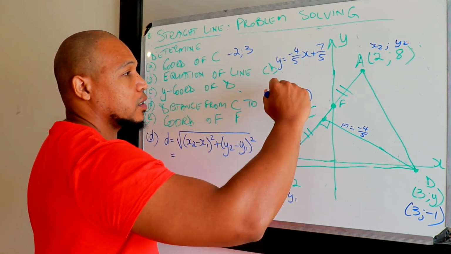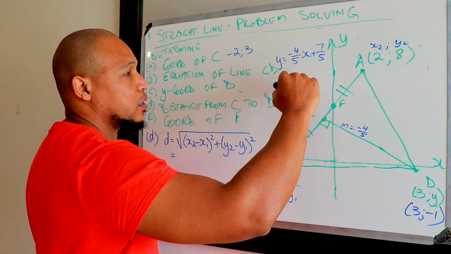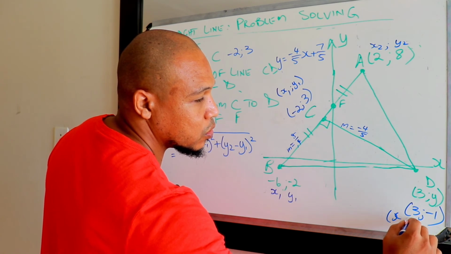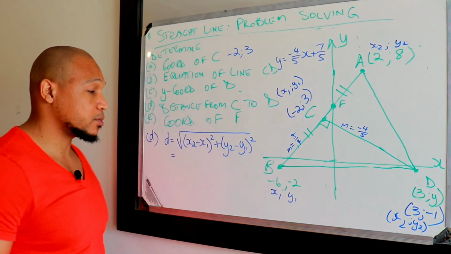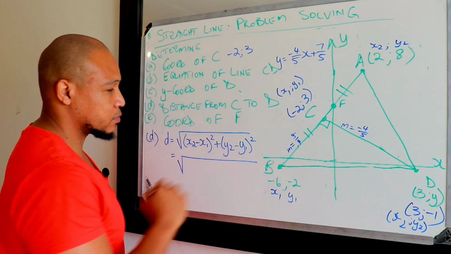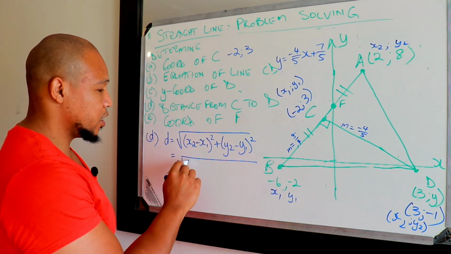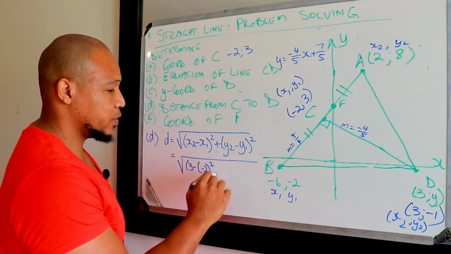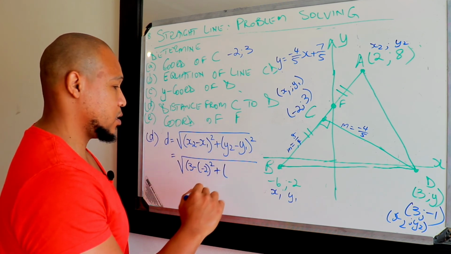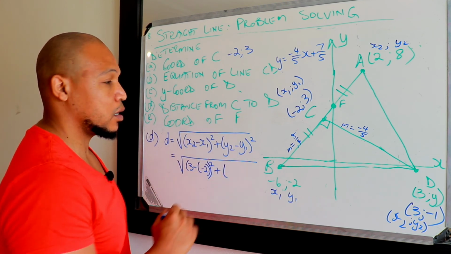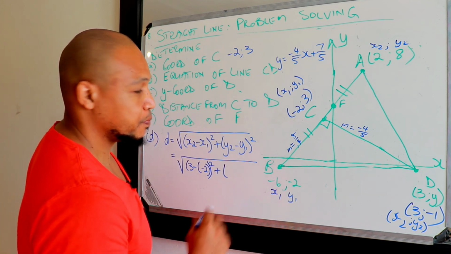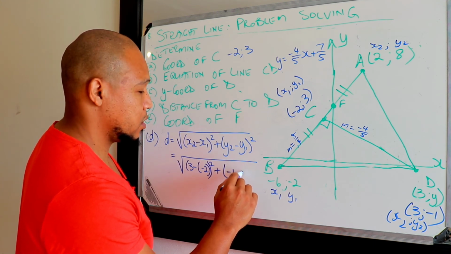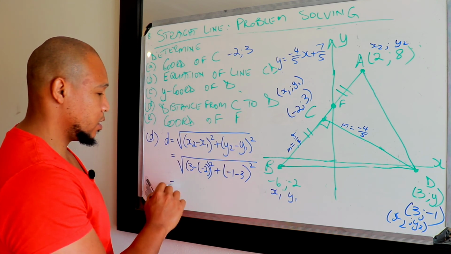Let's just label this quickly: x1, y1, x2, and y2, and now we can substitute. x2 is equal to 3 minus -2 squared plus y2 is negative 1 minus 3 squared.